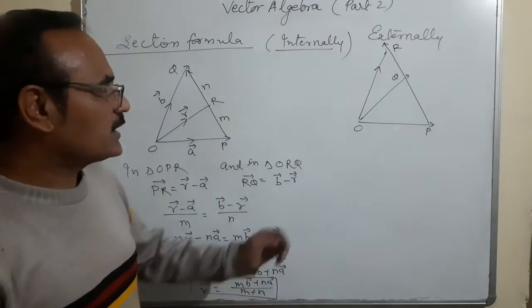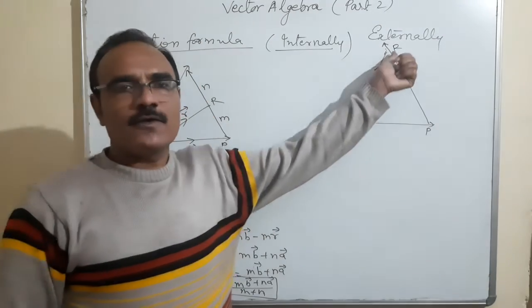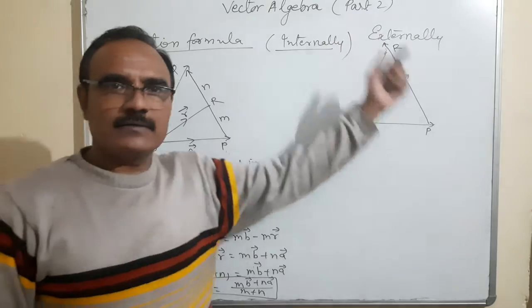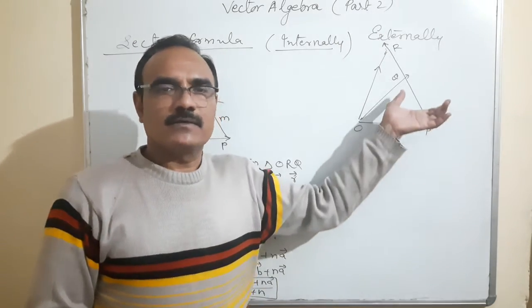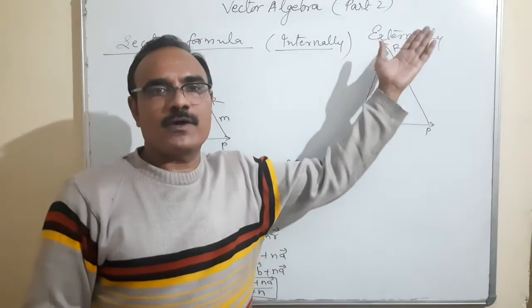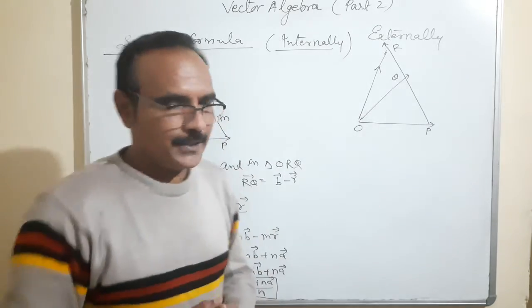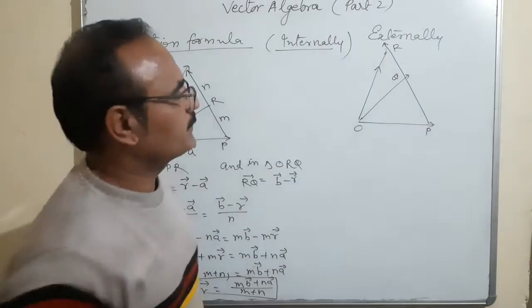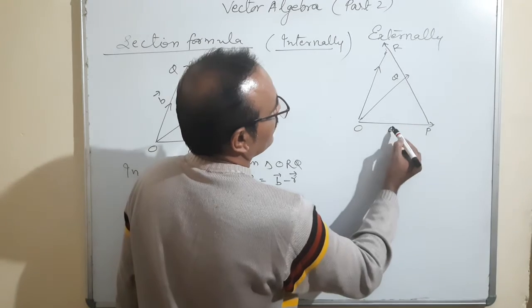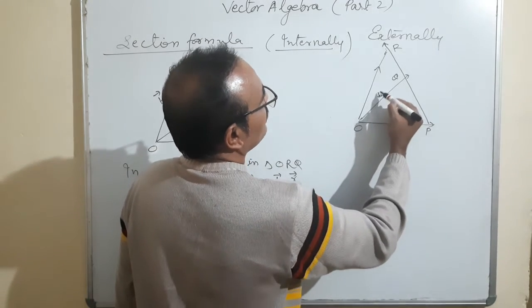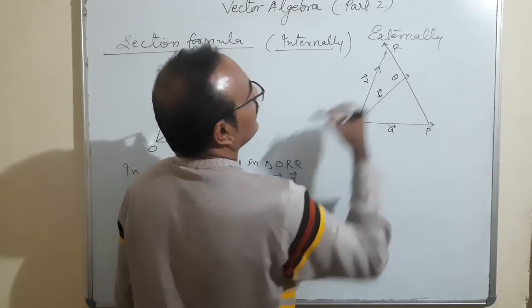Because here you know externally what does it mean? This point R is intersecting away from this PQ, away from it. It is not inside, it is away from it. Okay, so it is OR. OP, as usual, it is A. Here is a vector B, and this we are taking as a vector R.